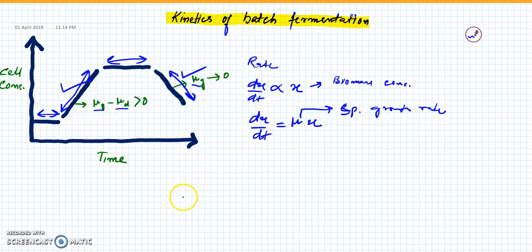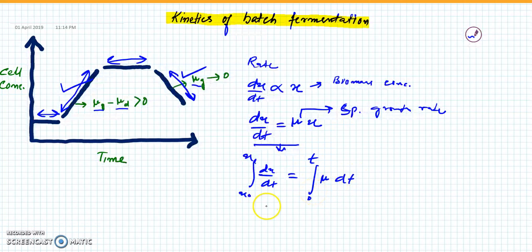Now rearranging this equation and integrating, we write the integral from x naught, the initial population, to x, the final population, of dx divided by x, equivalent to the integral from time 0 to time t of mu dt. So solving this, we'll get ln x divided by x naught is equivalent to mu dot t.